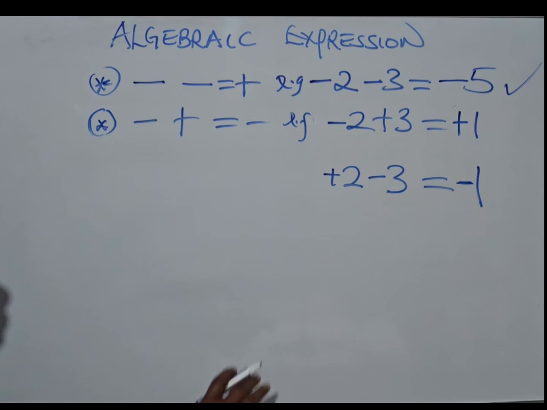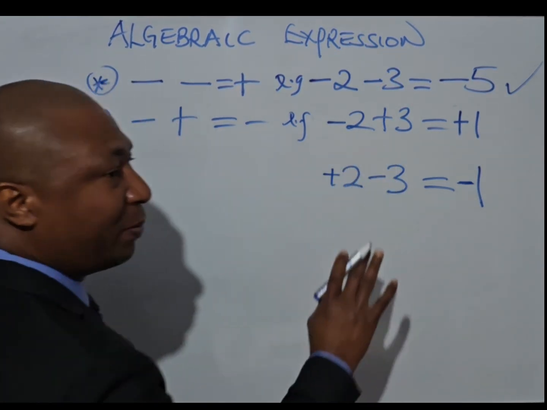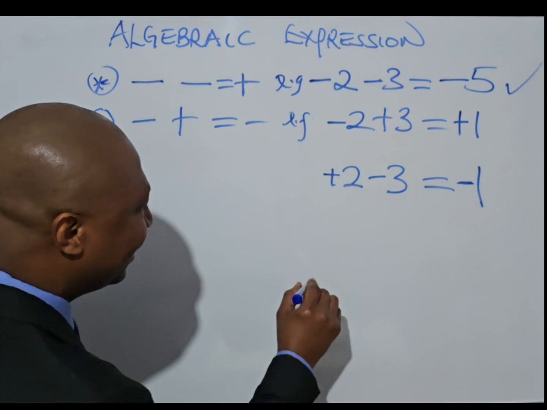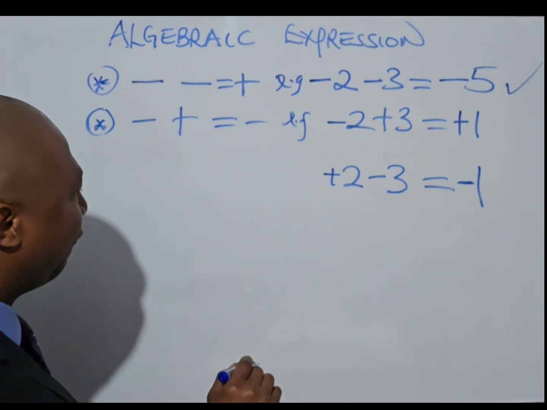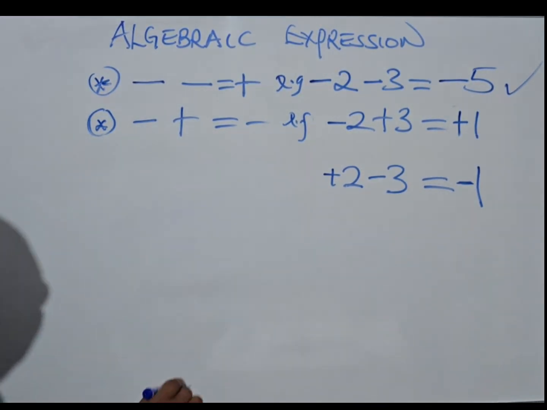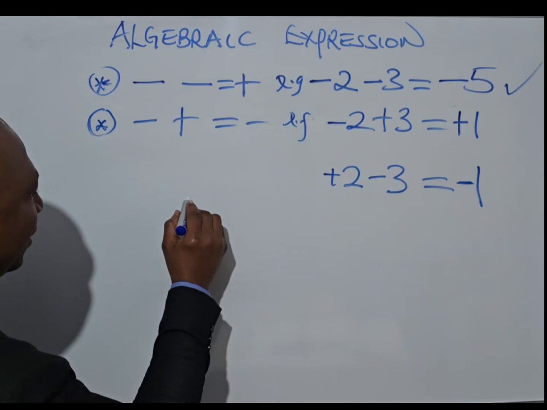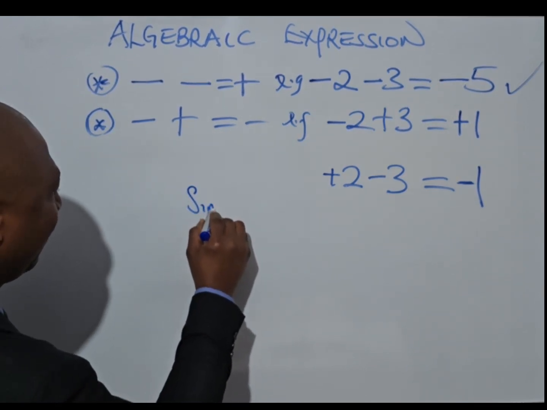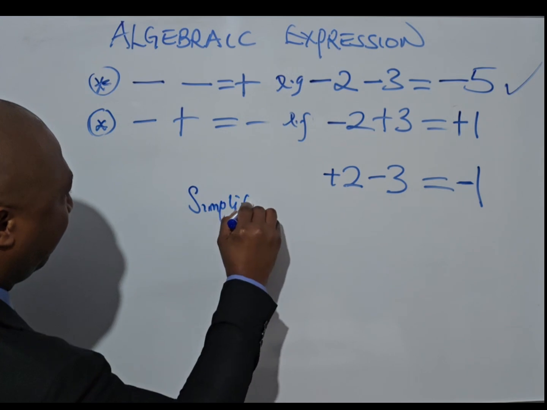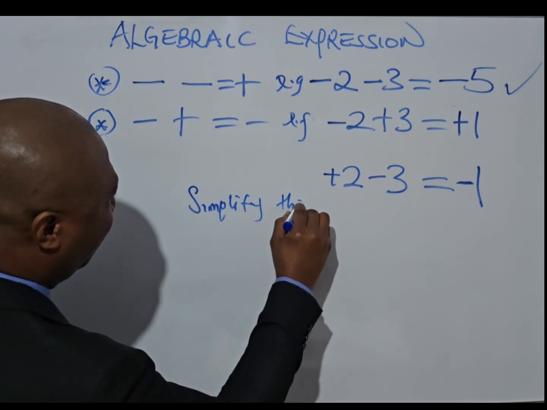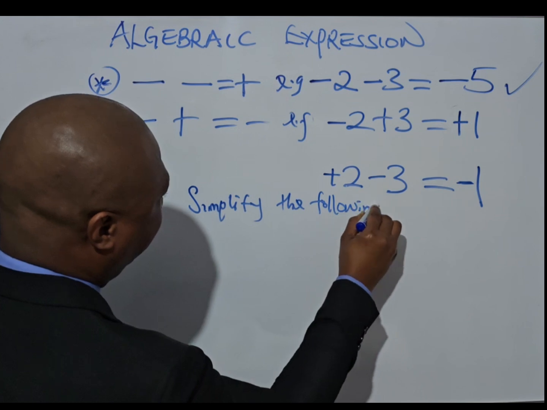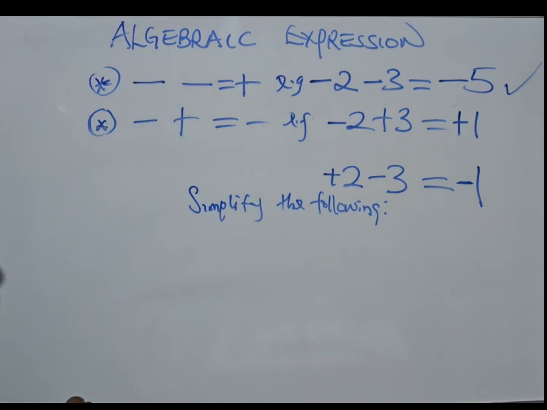The first question I will be asking you, where you will drop the answer in the comment section, is: what is the answer of the following? Solve this one for me. Simplify the following, and I want to know the answer for this, please.